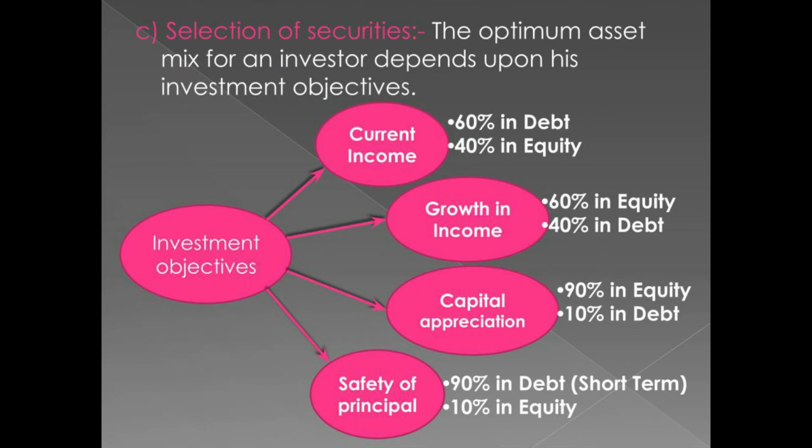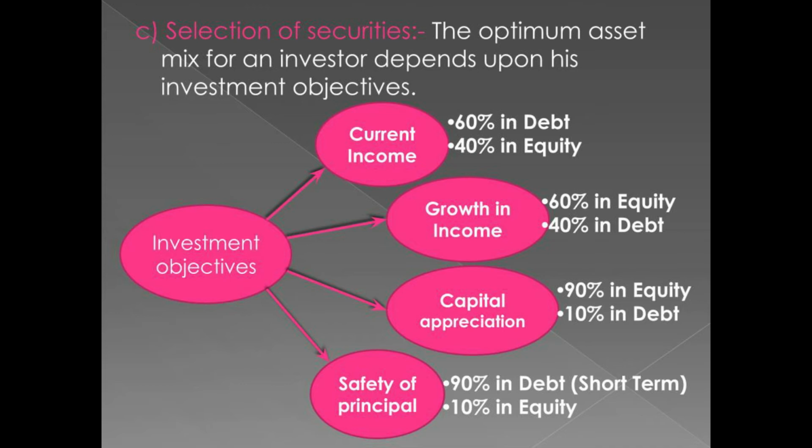And selection of securities. Selection of securities means an optimal asset mix for an investor while taking investment decisions. It depends upon the interest of the investor, whether he wants current income. If he is interested in current income, then 60% investment in debt and 40% in equity.